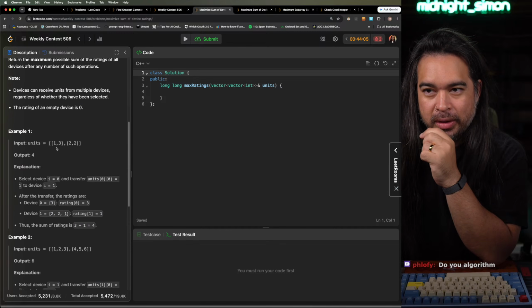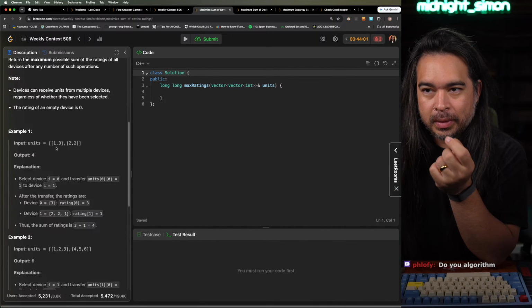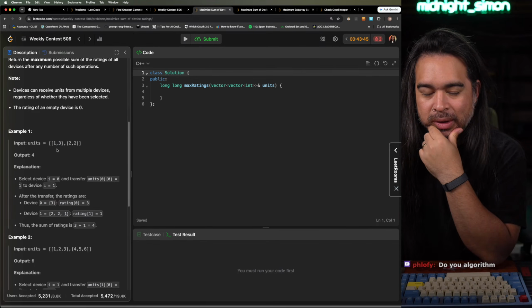So we can only remove one number from every row. So I'm thinking we should probably find the row where removing a number results in a big jump to the next number. And then we have to figure out where we put that number that we removed.